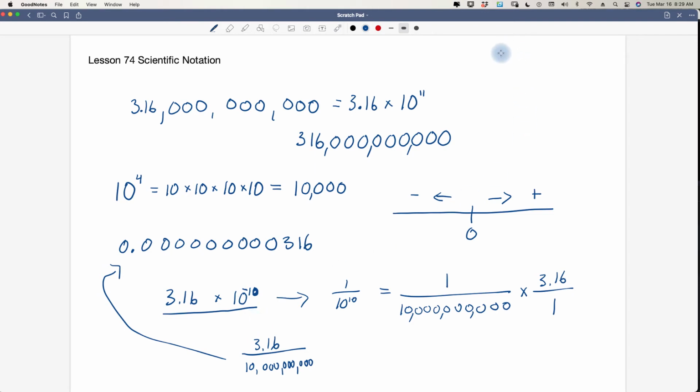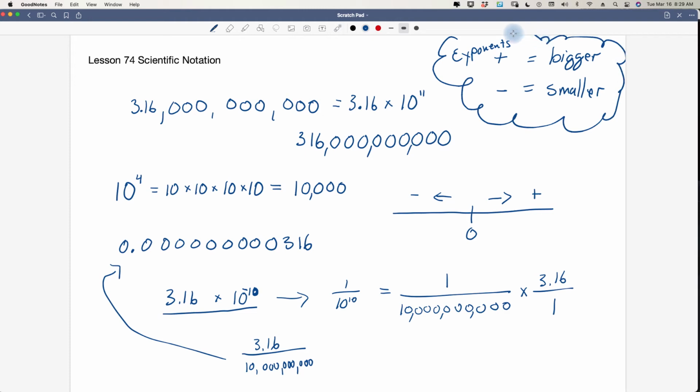All right, so positive equals bigger, and negative equals smaller, for exponents, which we sort of already knew. We're just reiterating. This is just another way that exponents are used in the real world.